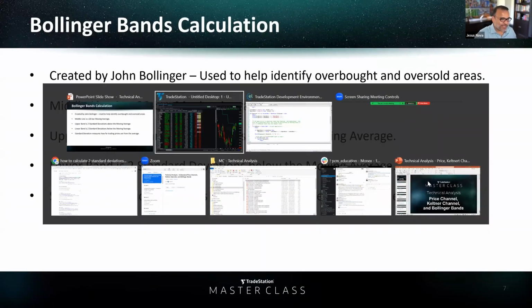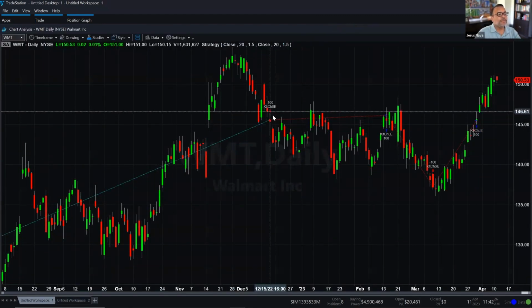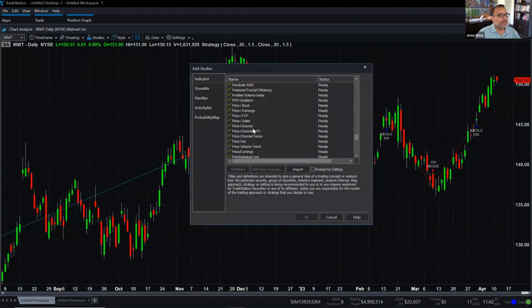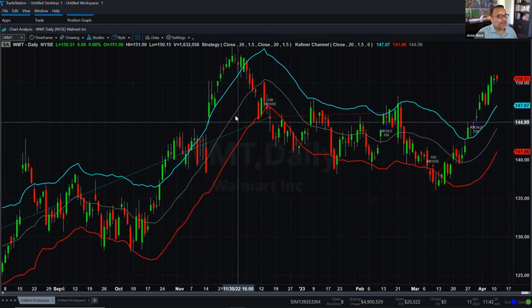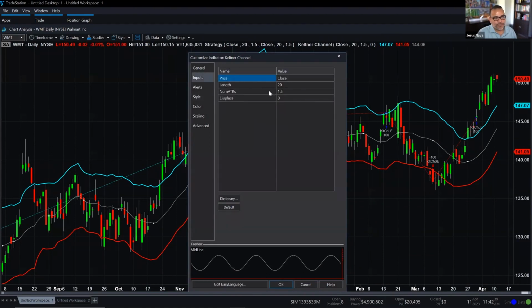Let's go here to TradeStation and look at the Bollinger Bands. Let me go ahead and remove the Keltner channel. Or by the way, one thing that I didn't show you here in the Keltner channel, let me go back in there, because I wanted to show you that in the calculation of the Keltner channel, you can go into the inputs and decide what factor to use in the number of ATRs.